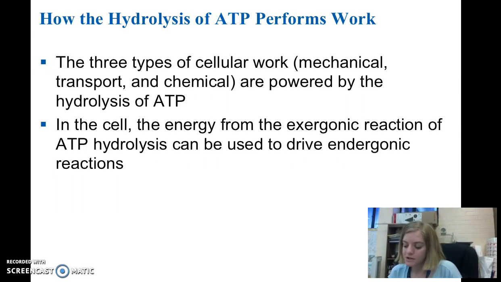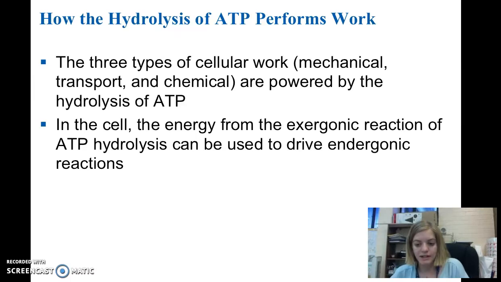So the 3 uses for this, number 1 is that it produces heat. So for example, when you shiver, that's mechanical work happening, and that uses ATP hydrolysis to get your muscles to contract and warm your body up. We also use ATP and the hydrolysis of ATP to drive chemical reactions in the cell.